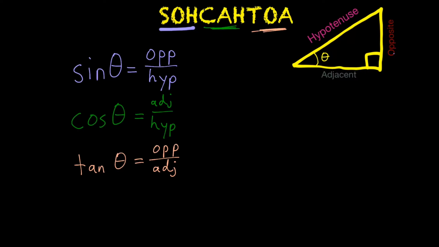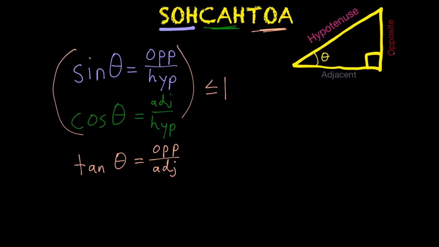Now a couple of things to note before we look at some actual examples of this. First of all, if you think about it, the sine and cosine are always going to be less than or equal to 1. Why is that? Well, in a right triangle, the two sides that aren't the hypotenuse are always smaller than the hypotenuse.